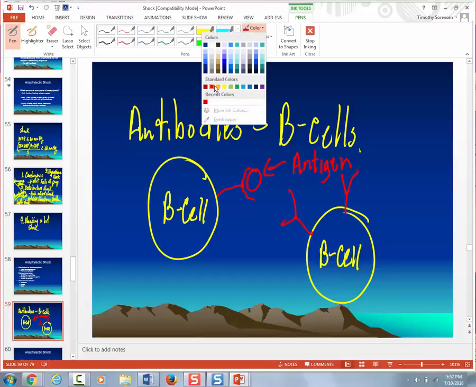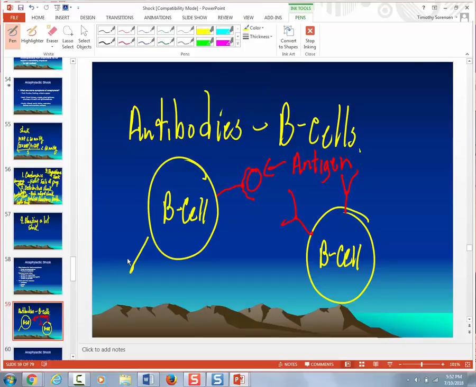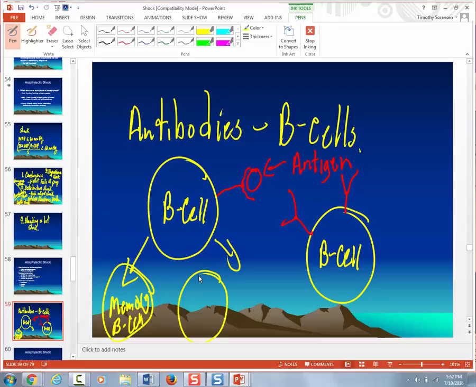And when it does that, it gets turned on, and that B cell divides. Who remembers what it divides into? It divides into memory B cells, and it divides into plasma B cells.